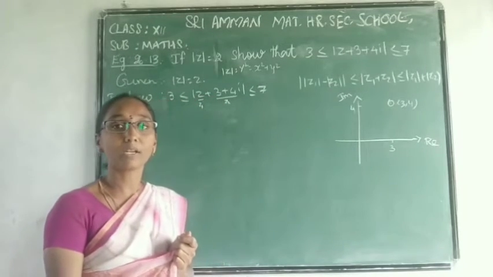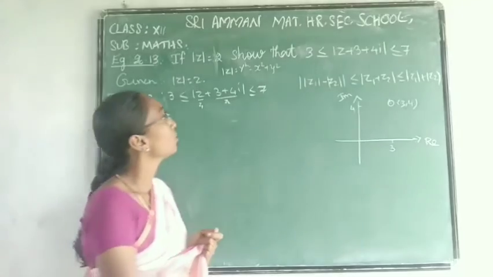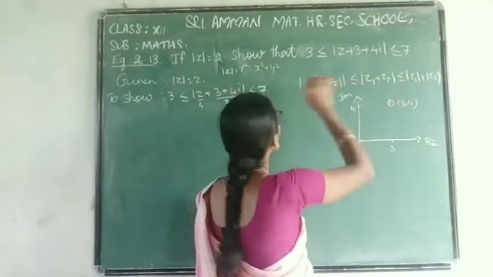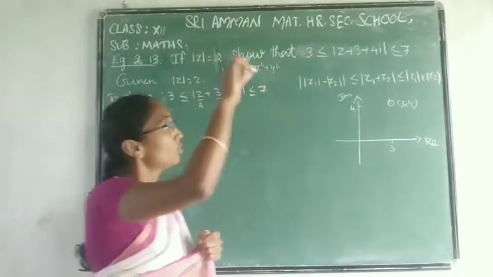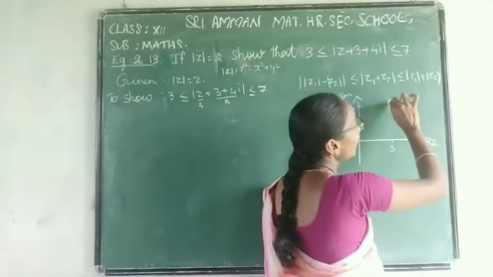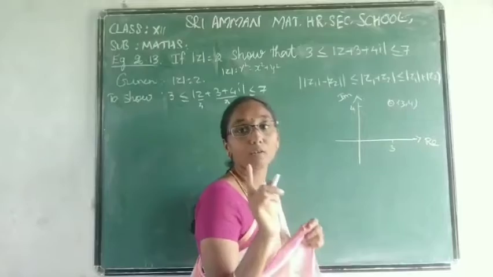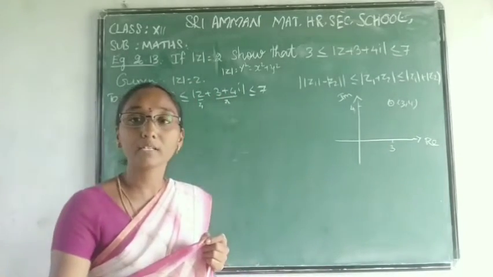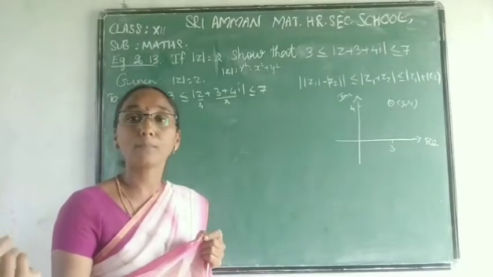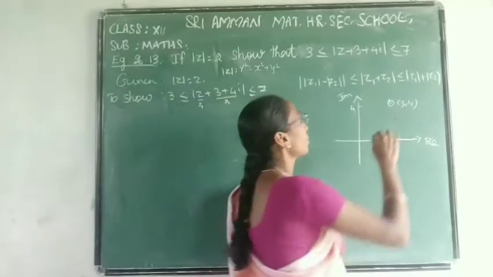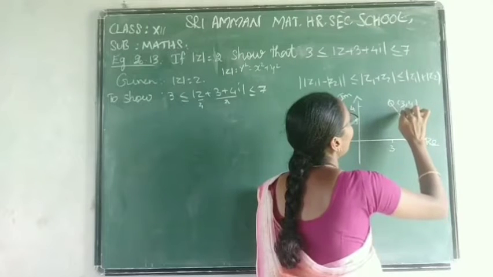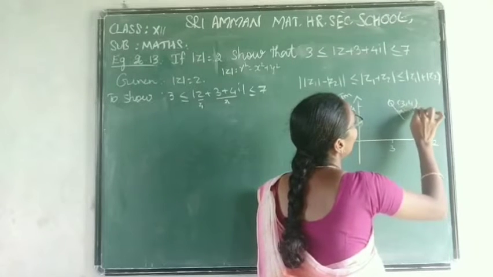I already explained this to you. So this r is modulus of z equal to 2, so this is the radius. You will learn about this r in the next video or next topic. So r equal to 2, modulus of z equal to r equal to 2.